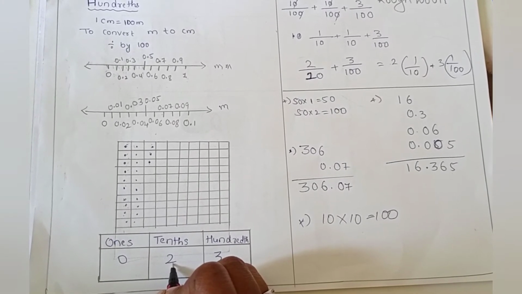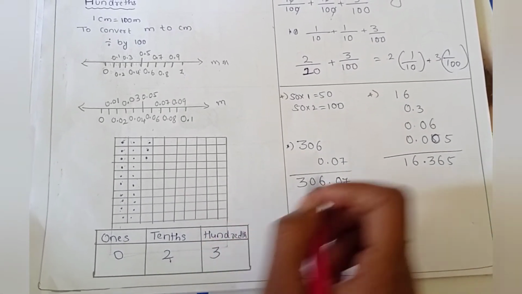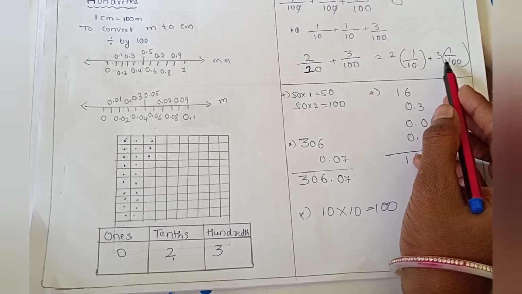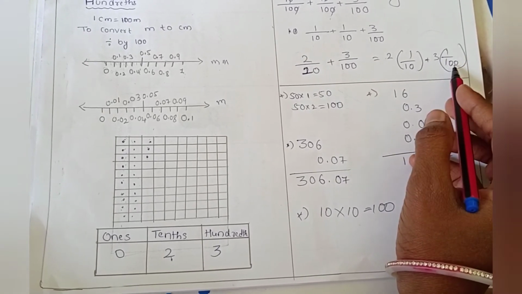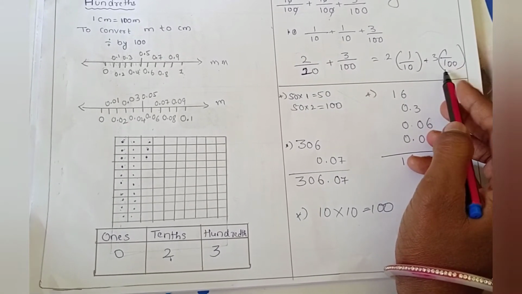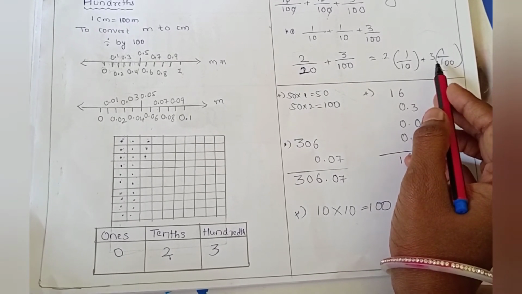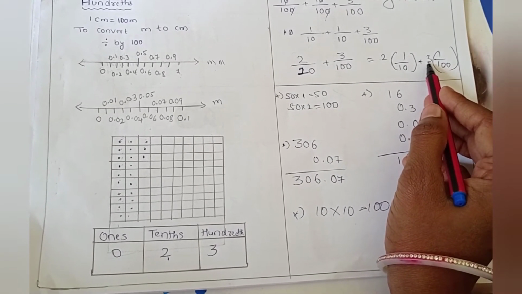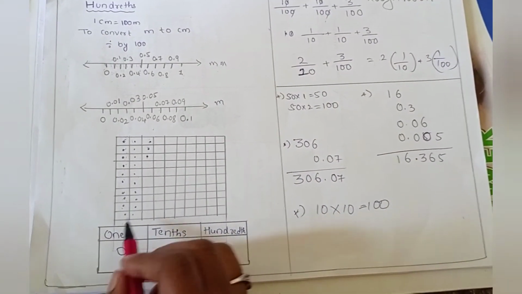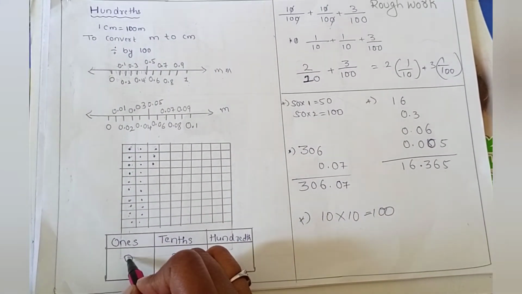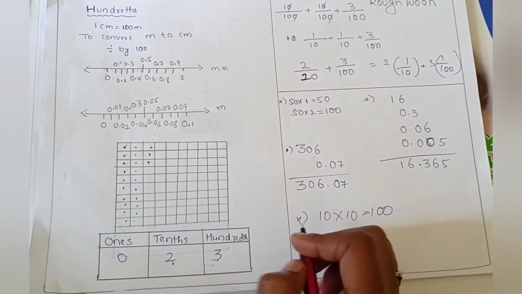In the place of tenths, I wrote 2. Next, what about this? 1 by 100. See, in the place of 1 by 100 or hundredth, what should I write? 3. Here I don't have any ones, so I wrote this as 0. Okay, what will be the final answer?